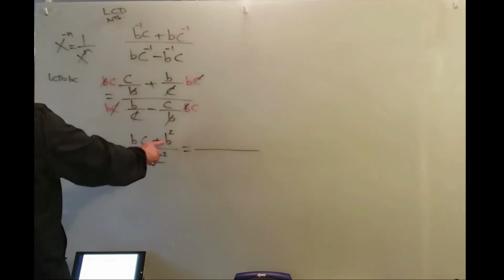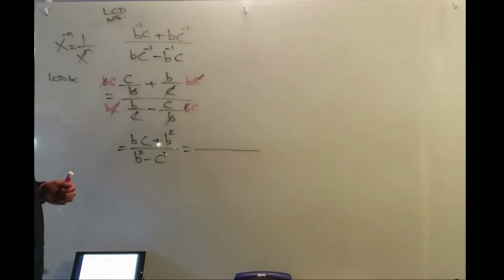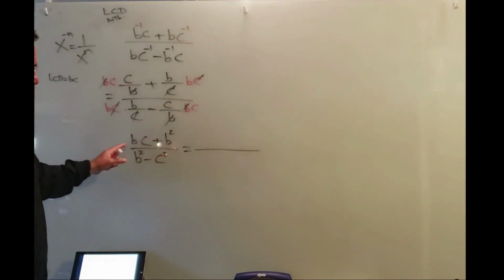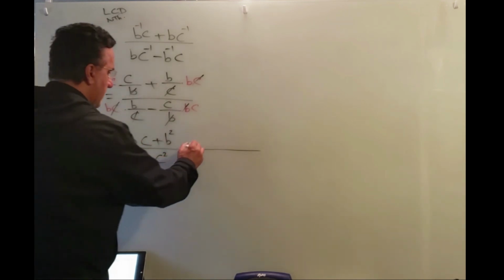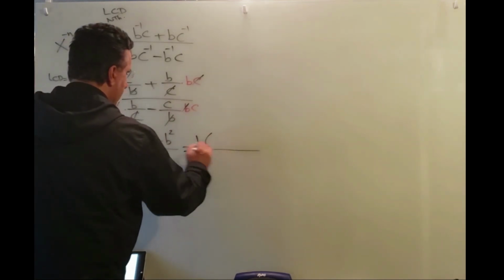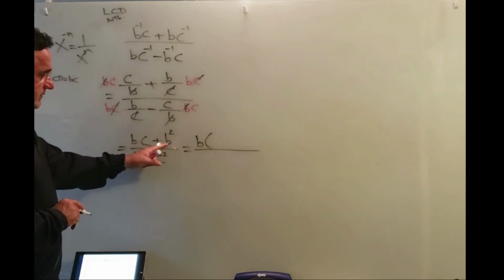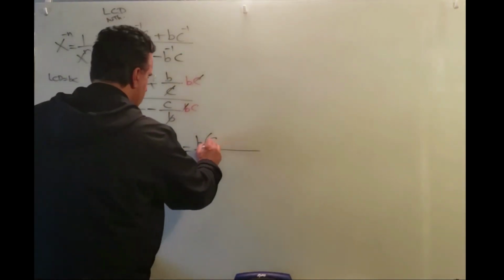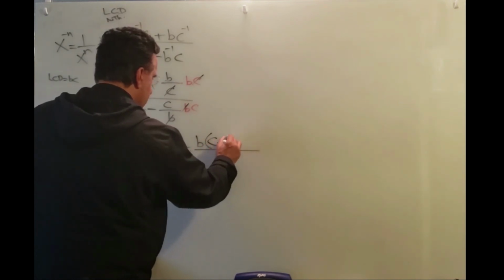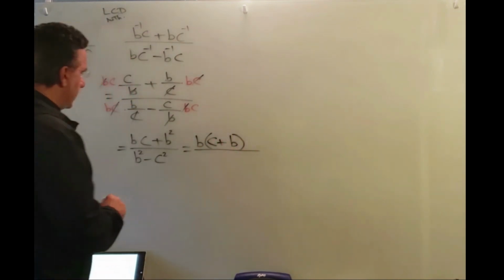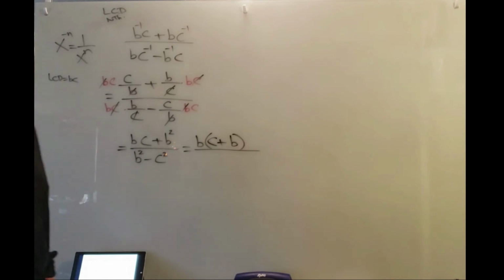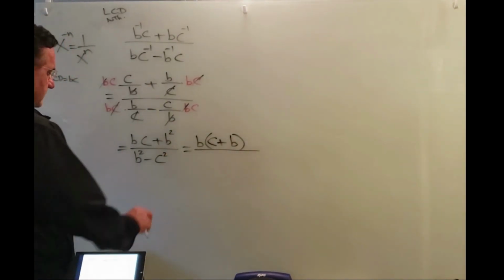So if you notice, in fact, there is some factoring that's possible on top. We can go ahead and factor out a B, which leaves us C plus B. You should act as if you're in class and go ahead and say it out loud. It'll help you out and it'll make this feel more like a class and us feel less isolated, isn't it?